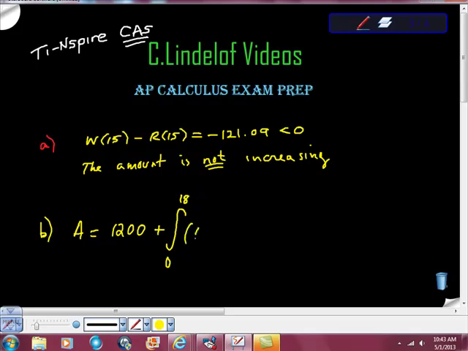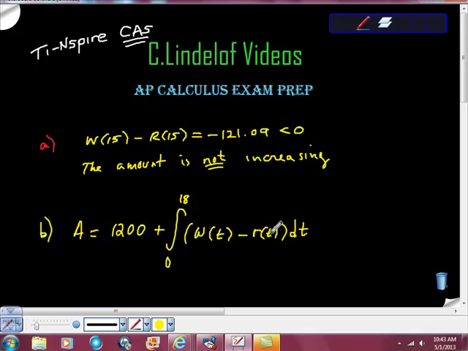And then we have W, I was using x, but W(t) minus R(t) dt. That's all you have to put in for your notation, right? And this is the amount of water going in and coming out. And when we integrate this, we get the total accumulated amount of water plus the 1,200 that we started with.